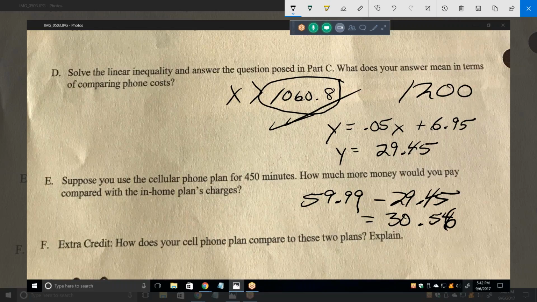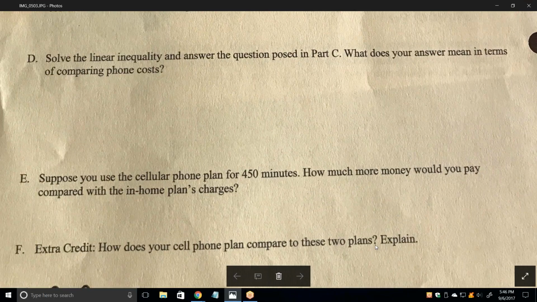How does your cell phone plan compare to these two plans? Explain. I think that's why they call it extra credit. Is this the last question on here?